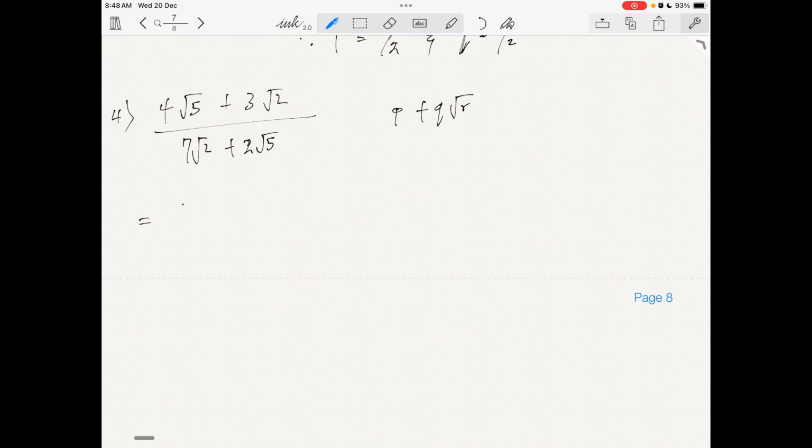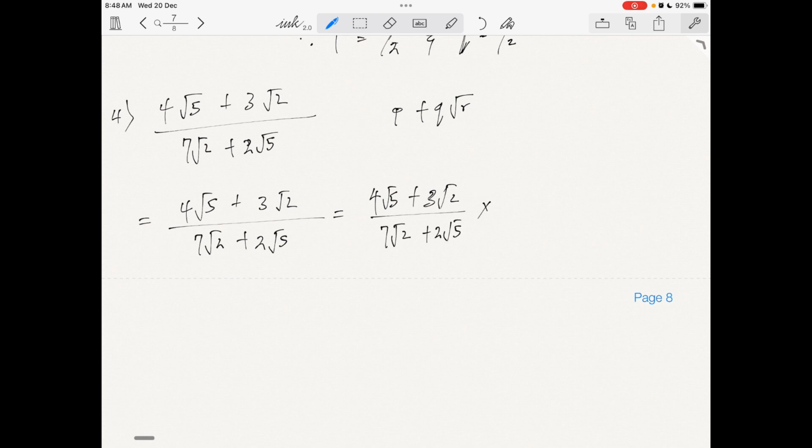So that will give us 4 root 5 plus 3 root 2 divided by 7 root 2 plus 2 root 5, multiplied by the conjugate of the denominator, and the conjugate of the denominator in this sense is 7 root 2 minus 2 root 5, because for the conjugate we are changing the sign at the center.